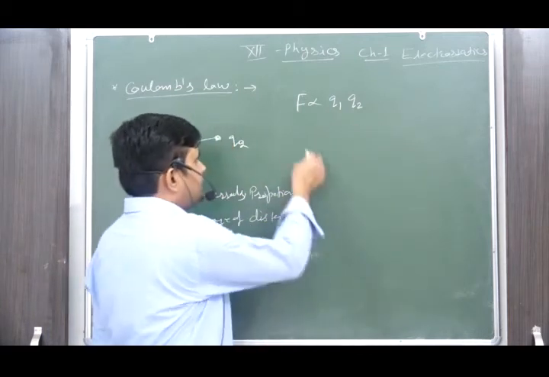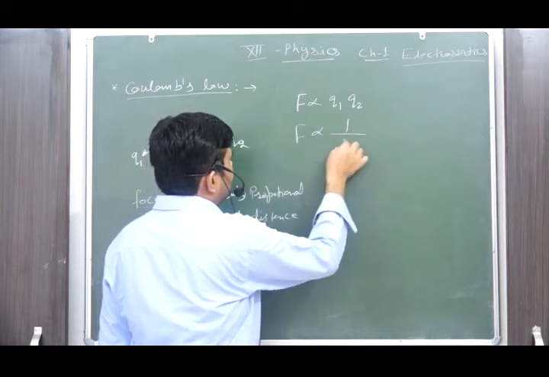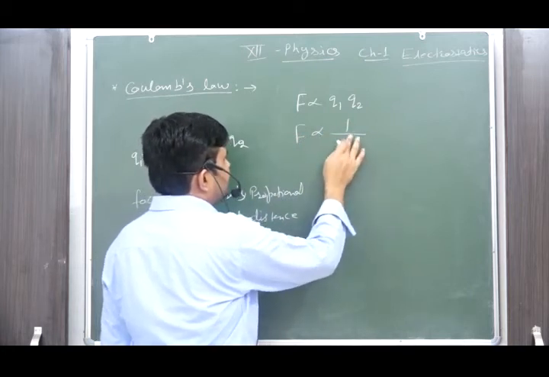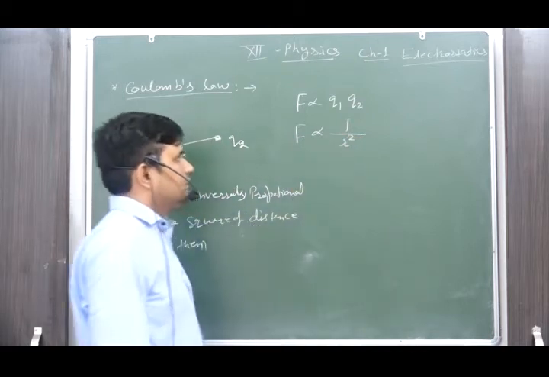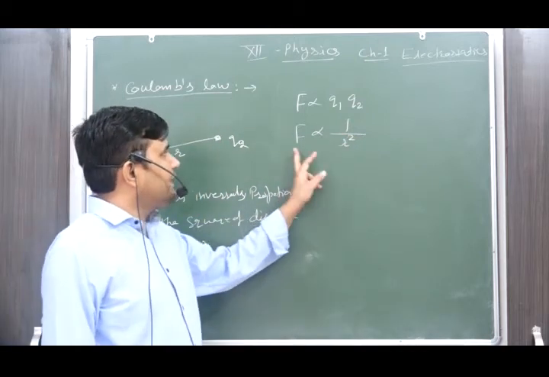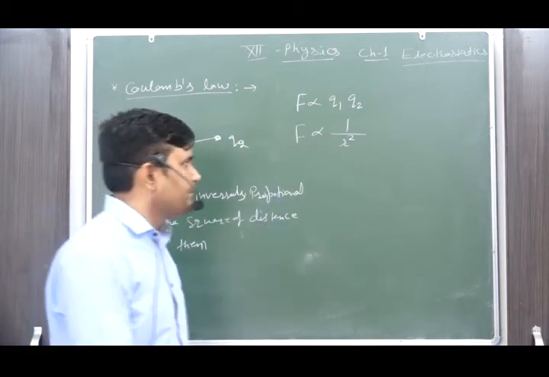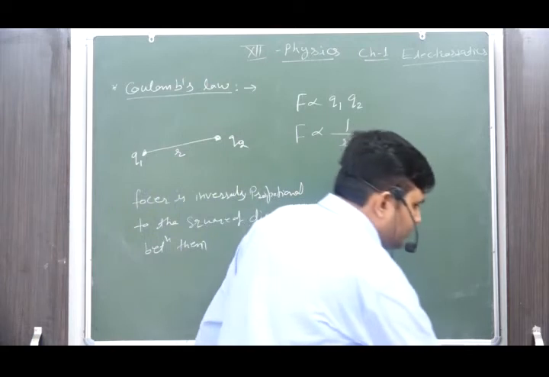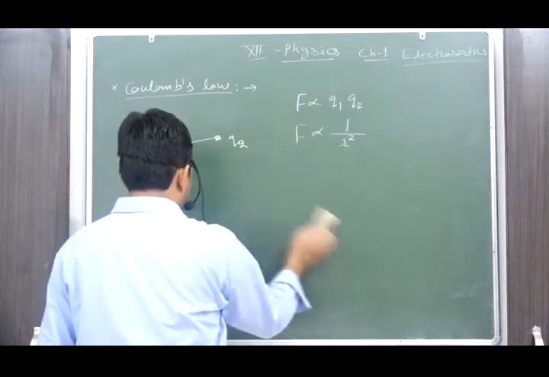In the next formulation, this force F is inversely proportional to the square of the distance between them. It is directly proportional to 1 upon r square, or we can say that it is inversely proportional to r square. Now we are going to combine both the formulations.